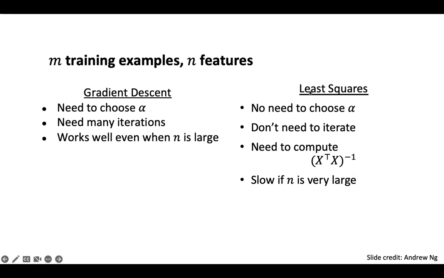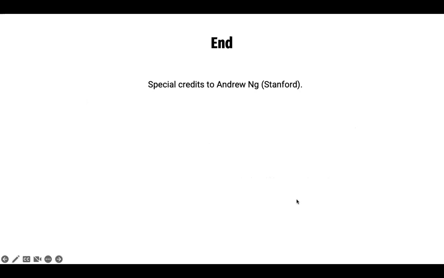On the other hand, ordinary least squares, or OLS, uses a closed form solution, so there's no need to choose an alpha or learning rate, and no need for iteration. The only problem is that we need to compute the matrix inversion, which is a very expensive operation, and it is slow if n is very large, or if you have a lot of predictors.